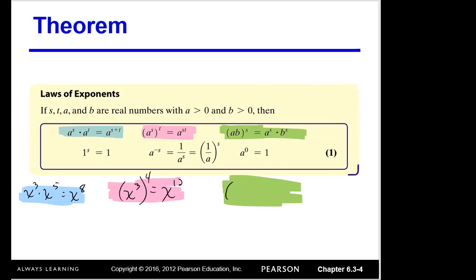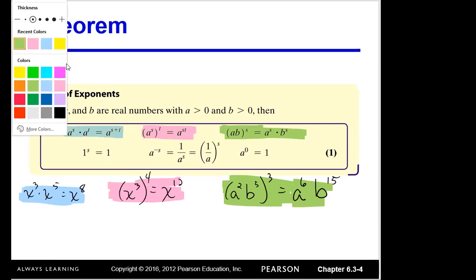And I can make it real complicated and say a squared b to the 5th and raise that to the 3rd. That's going to end up being a to the 2 times 3 is 6 and b to the 5 times 3 is 15. Hey, I just noticed they kind of left one out here, but maybe you don't really need it in this section.